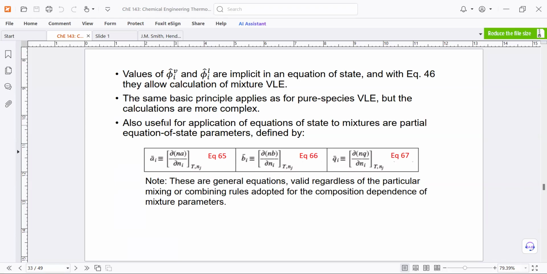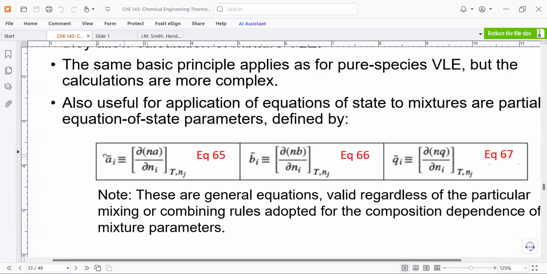So after calculating the mixture one, we now get the partial properties of A and B, and we use the symbol bar on top to represent the partial property.